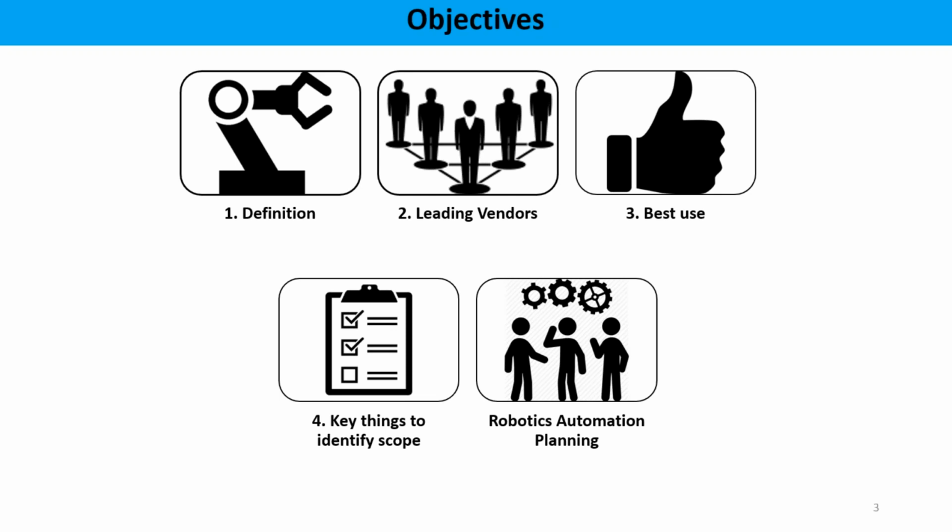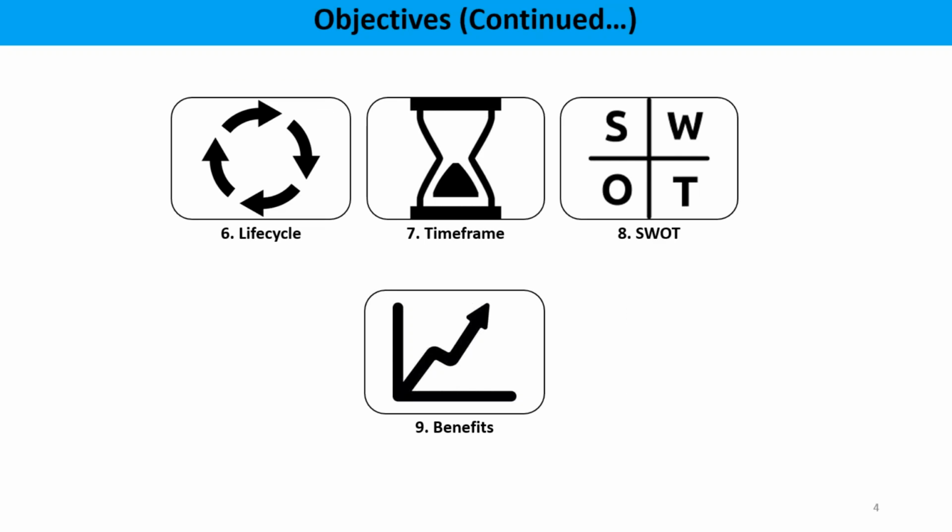So the main objective of the demo will be: what is the definition of robotic process automation, who are the leading vendors, what is the best use, how you can identify the scope, and the robotic automation planning. We have these 5 steps to complete. The 6th one will be the life cycle of the process.